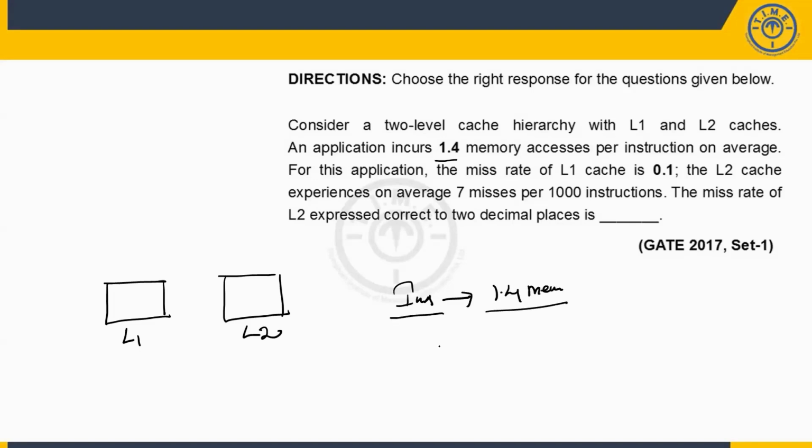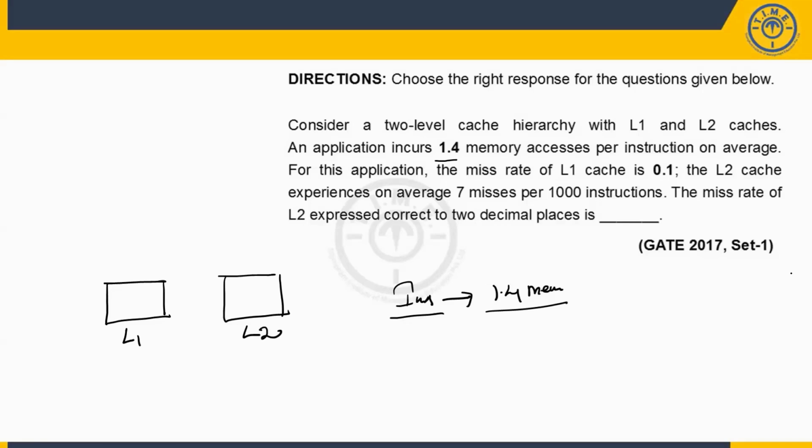I'll give you a perspective towards this. Why for one instruction do we require 1.4 memory accesses, neither 1 nor 2? If you recall, the instructions can be one-word instructions or two-word instructions, right? We solved some questions in instruction set architecture. Some instructions take only one word, but some instructions take two words.